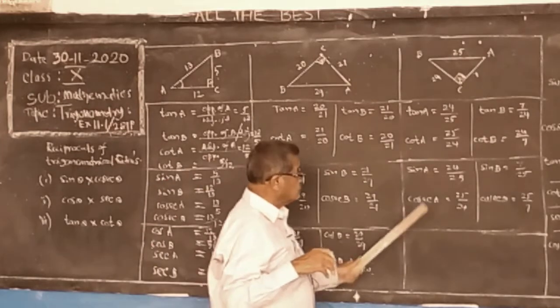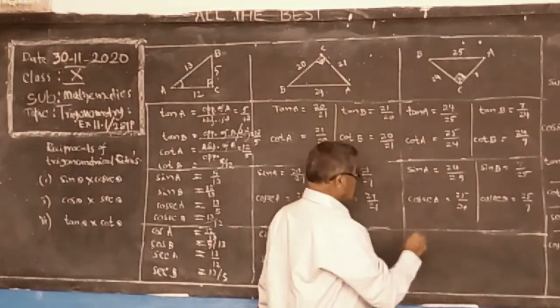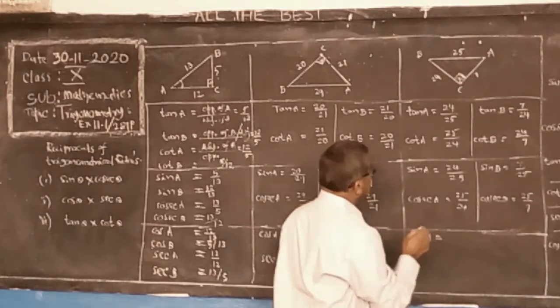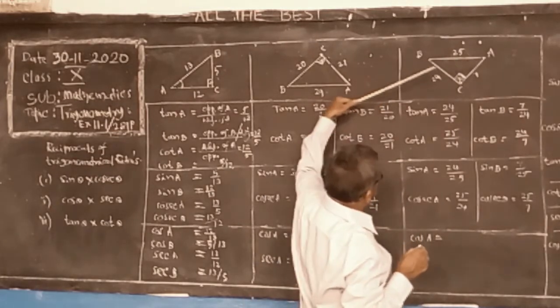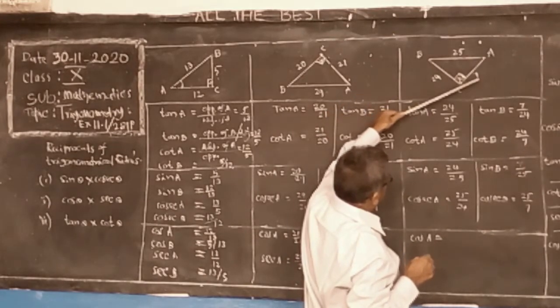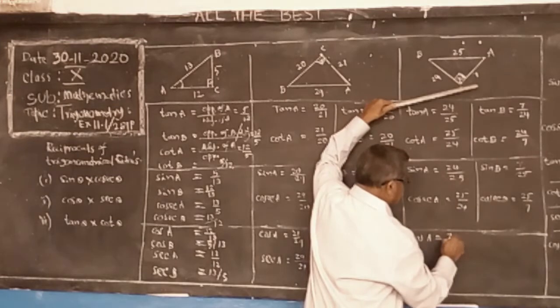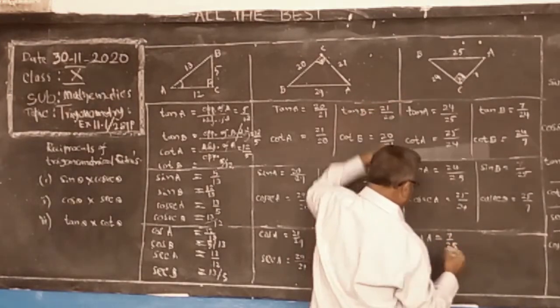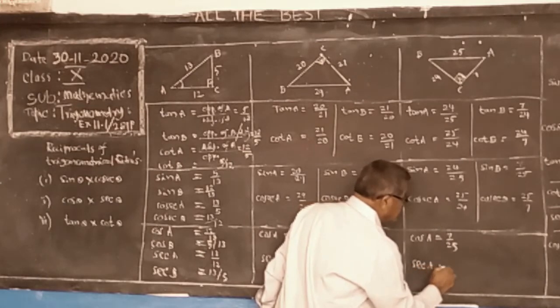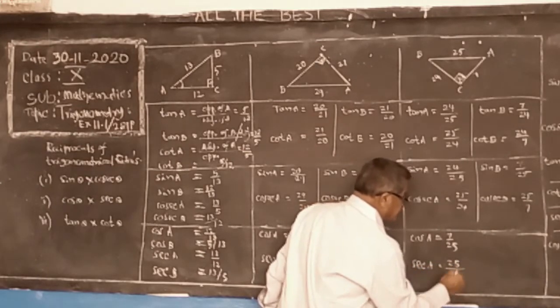And similarly we come to the third triangle, cos A. A is here, opposite side 24, 25 is hypotenuse, adjacent side is 7 by 25, and immediately we can write its reciprocal, sec A, 25 by 7.